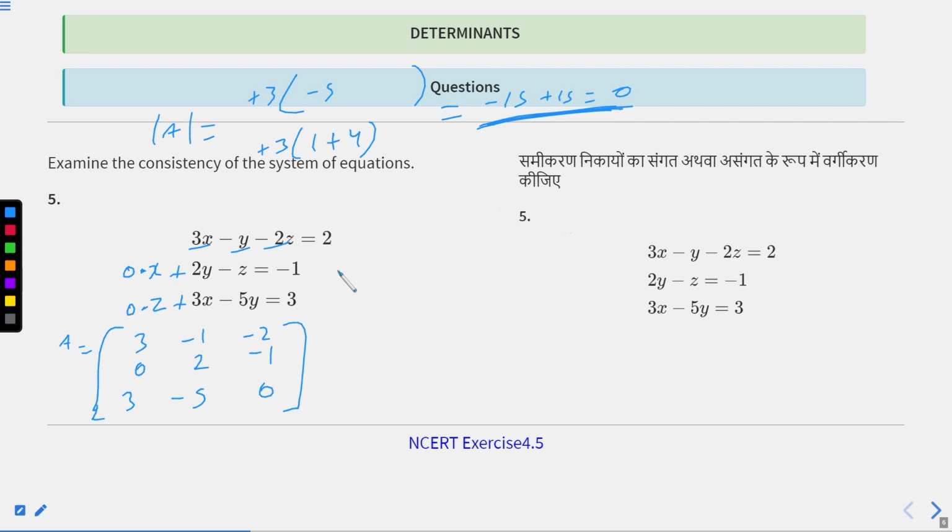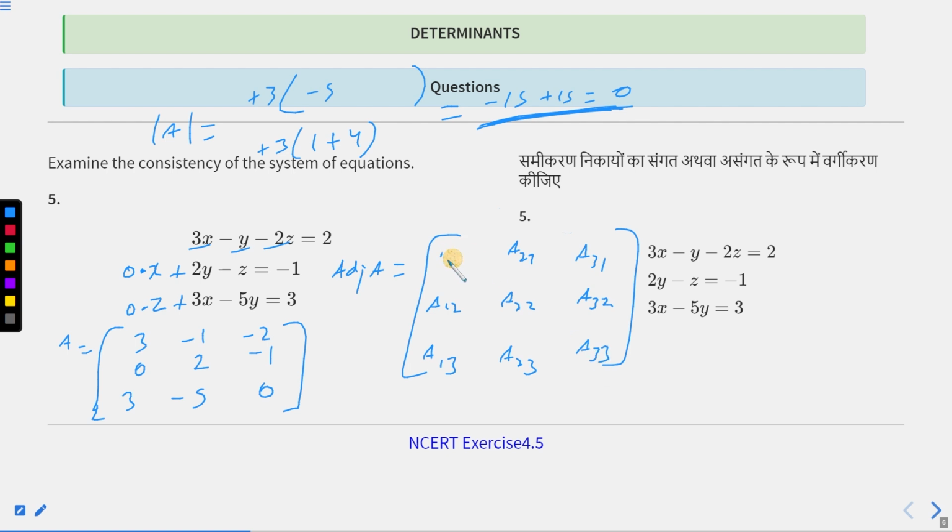The adjoint of A, I'll be directly evaluating. The adjoint of A is nothing but A11, A12, A13, A21, A22, A23, A31, A32, A33.